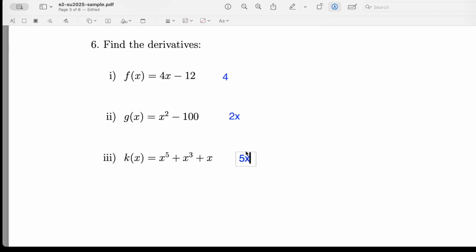So we'll get 5 times x to the 4, plus 3 times x to the, what power will be on the x for that middle term, squared, and then the derivative of x, which is simply 1. I gotta move it around. Cool. So that's us doing derivatives.